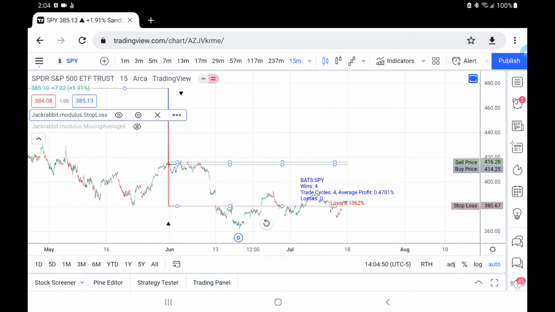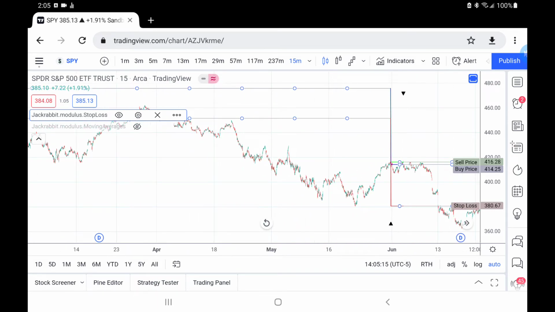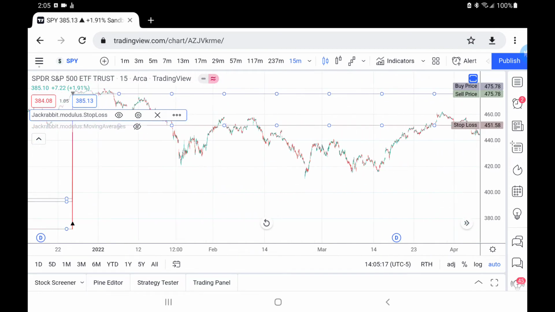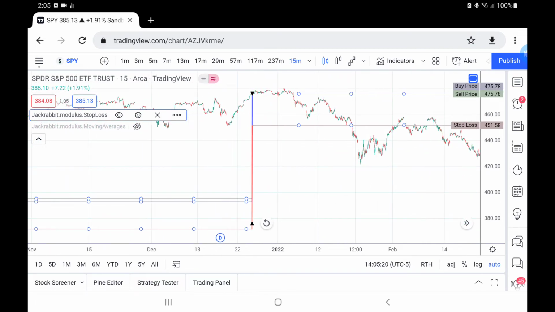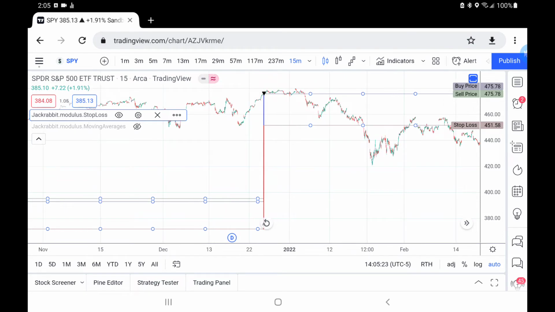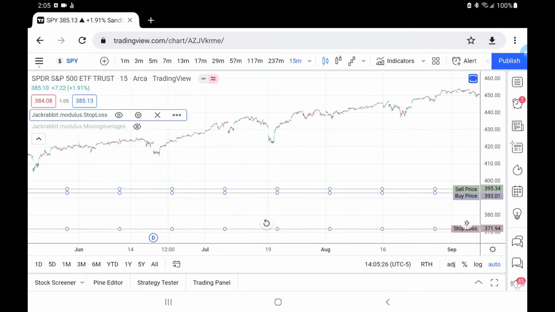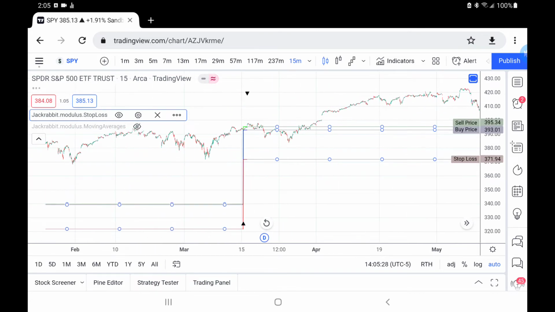Support and resistance is a 0.47%, with 4 trade cycles completed, all 4 of them being a winner. But of course, your risk to reward ratios are different. Not a 1-to-1, not a 2-to-1. In this case, it looks like it's much smaller, which is fine because it won all 4 of its trades. So based upon your fees and the necessity of your trading, those considerations need to be considered.